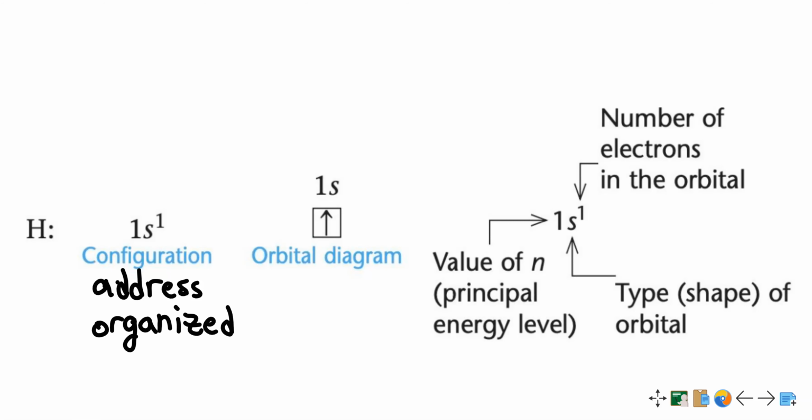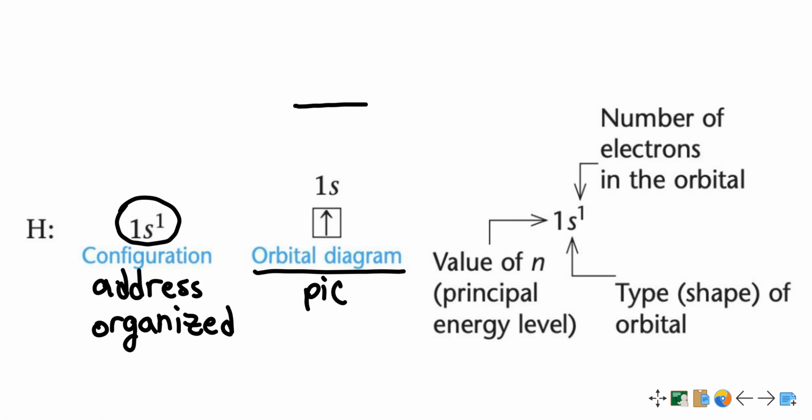So this right here, this 1s1 with the superscript, is called a configuration. This right here, the orbital diagram, is actually a picture of what's going on, where we use an arrow to represent an electron.